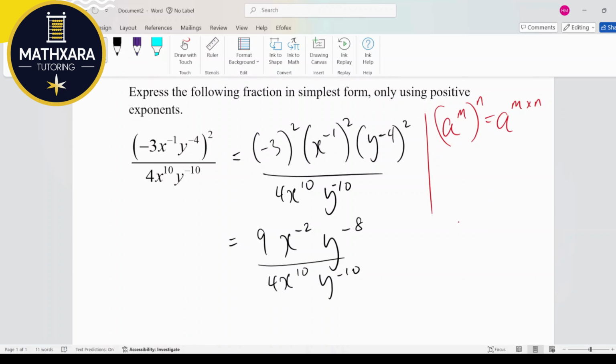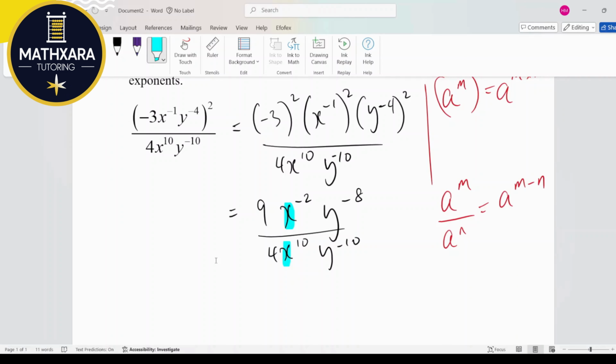Now, the next law that we'll take actually says a to the m divided by a to the n is equal to a to the m minus n. Now, if we take a look at our expression so far, we have an x term in the numerator and an x term in the denominator. We're dividing those two terms.